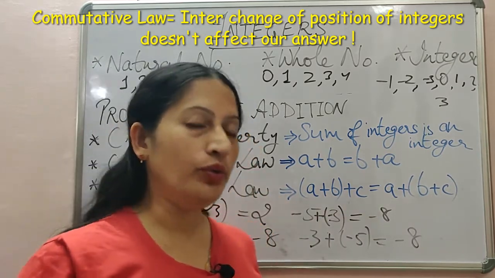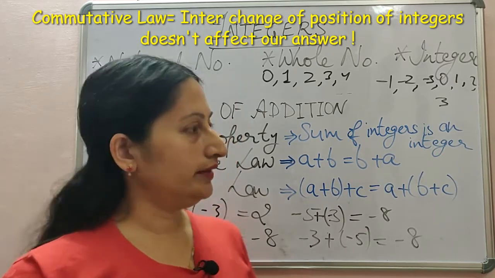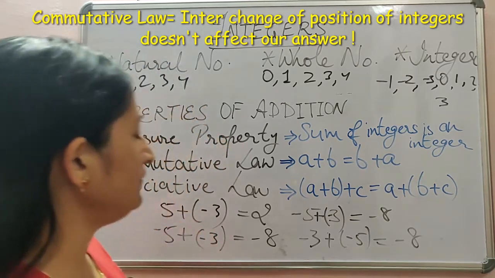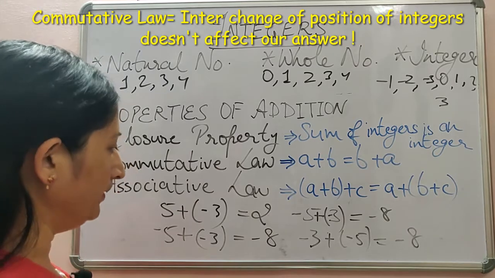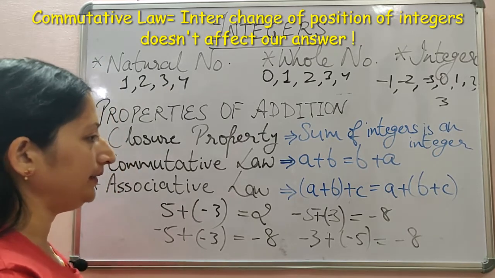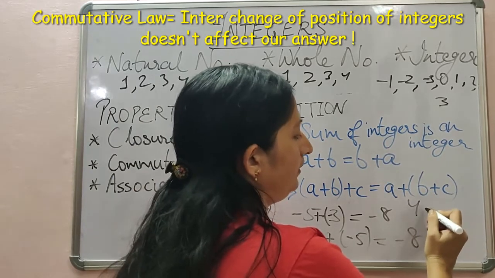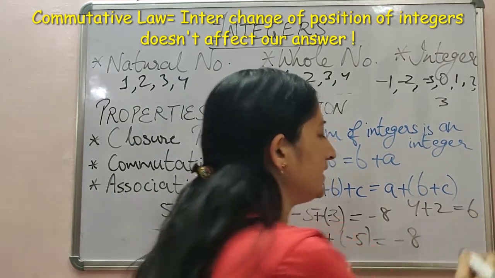If we take two positive numbers also, I can show you how this law functions. Suppose I take 4 and 2. 4 plus 2 is equal to 6.